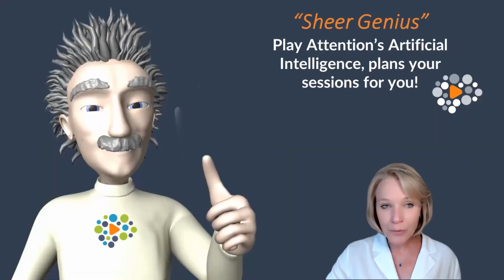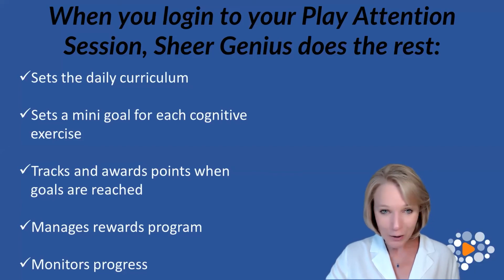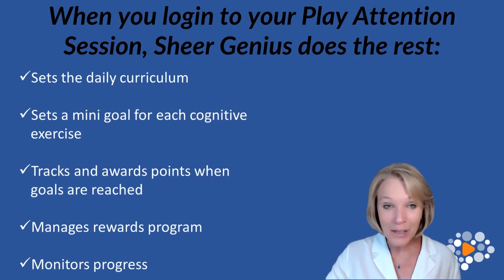So let's just run through a couple of key features. Sheer Genius is going to set your curriculum. So when you log in, Sheer Genius is going to say, Daisy, today you're going to work on attention stamina, time on task, and working memory. Not only that, but you will have that deliberate practice set for you.